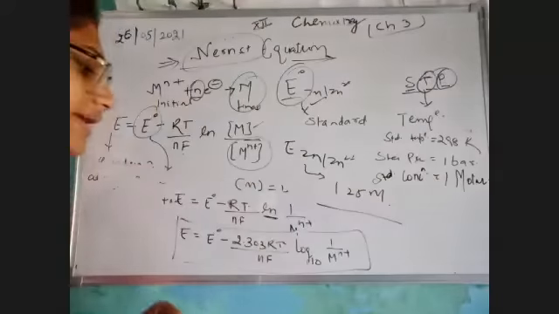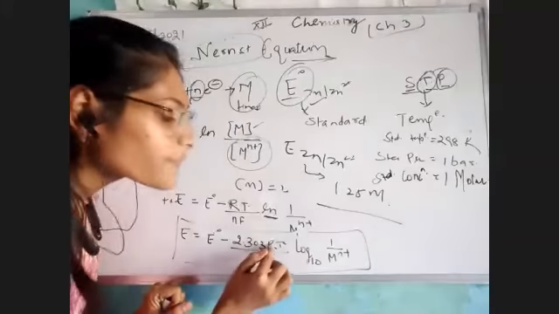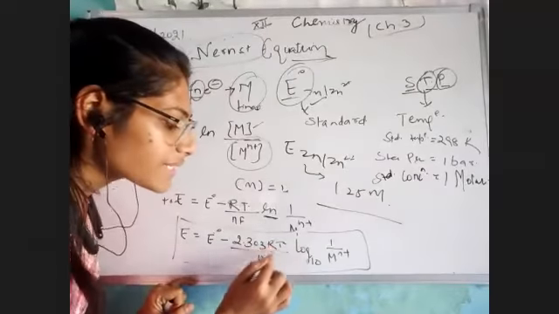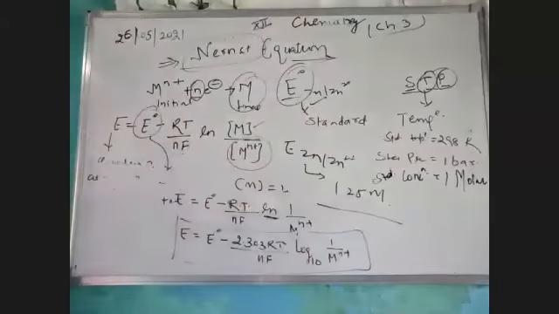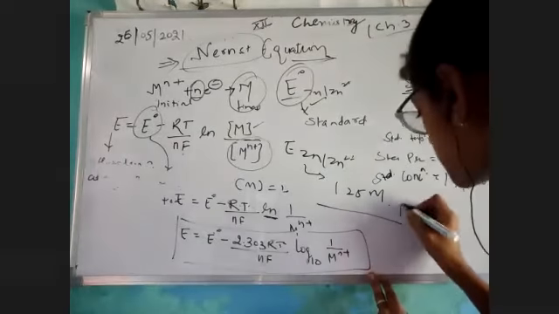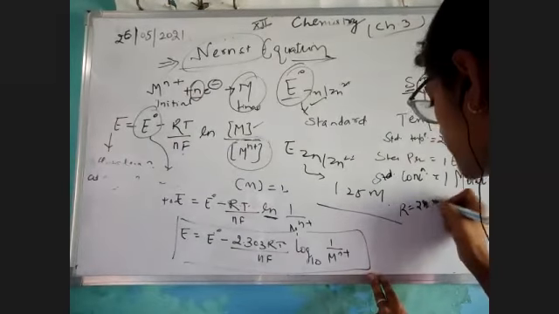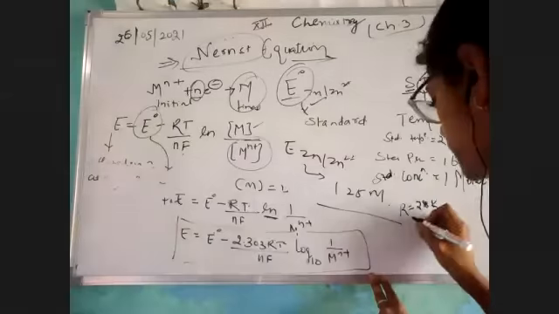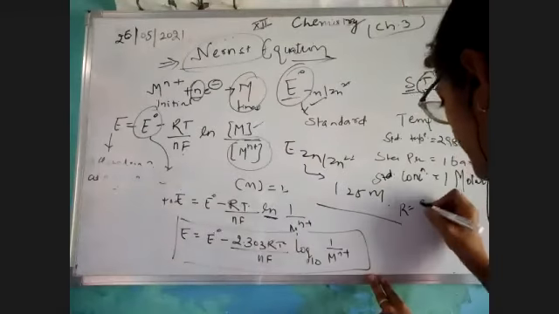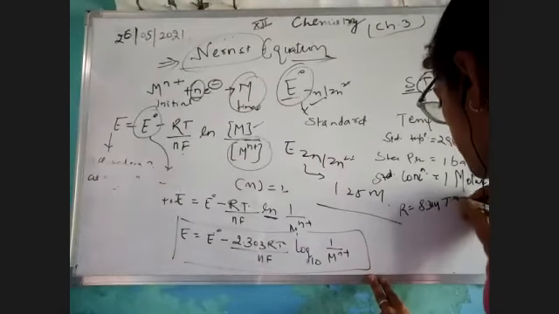And one more thing I would like to say, if we put the values of R, T, n, and F, we would come to know. R is not 2, it's 8.314 joule per Kelvin per mole.